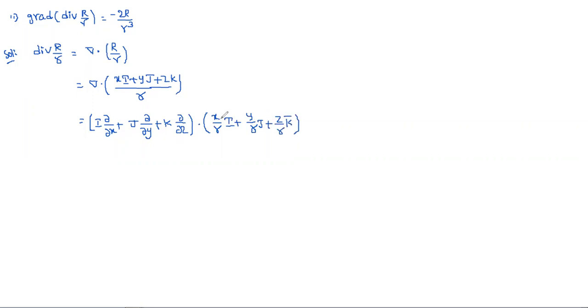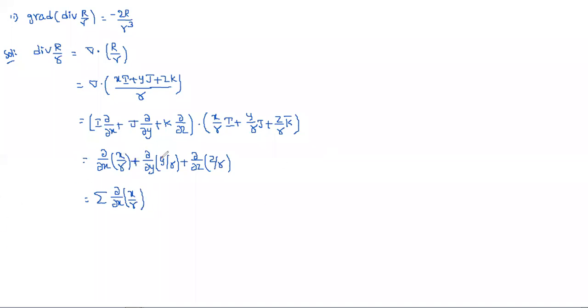So now the dot product between these two vectors, simply we get ∂/∂x of x by r plus ∂/∂y of y by r, the j coefficients, and next ∂/∂z of z by r. You can also write this in summation notation, ∂/∂x of x by r, or continue the same by taking every term.